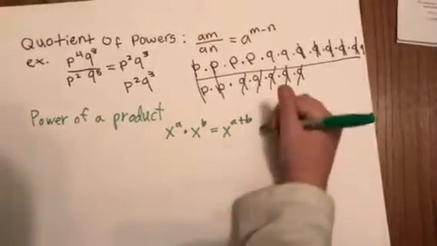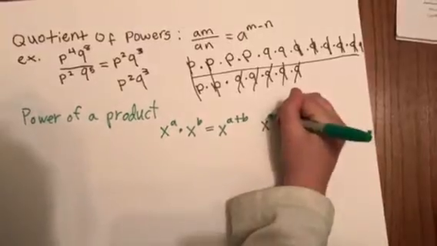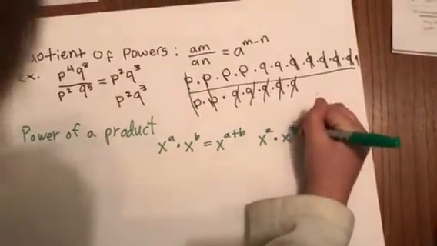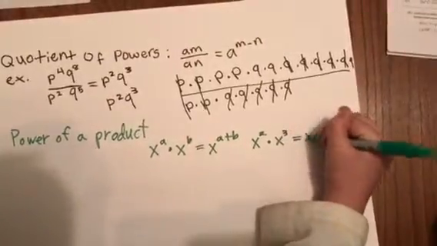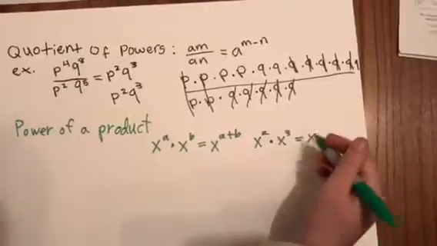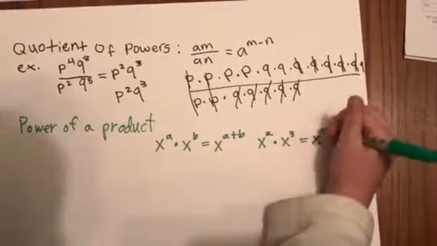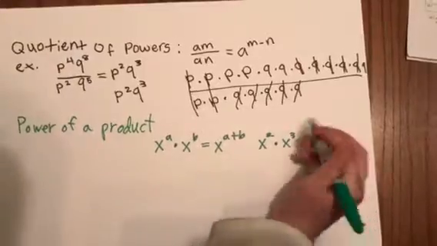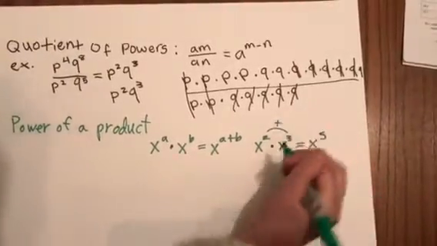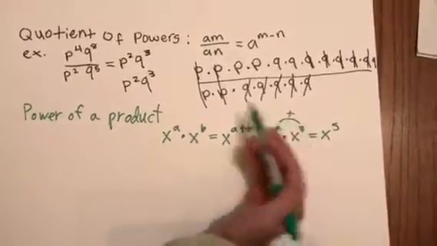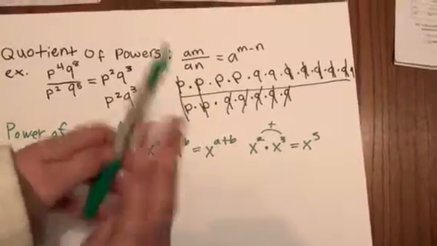So an example of this is x to the power of 2 times x to the power of 3, which equals x. X is still the same because x times x is x. It's still the same. And then the exponent is 5 because 2 plus 3 is 5, because we add them together instead of multiplying. And that's how you do the power of a product.